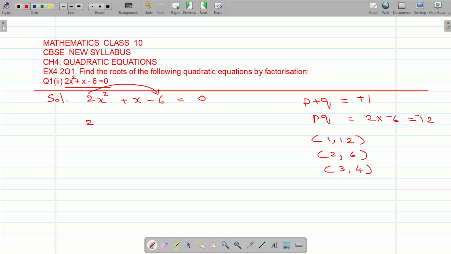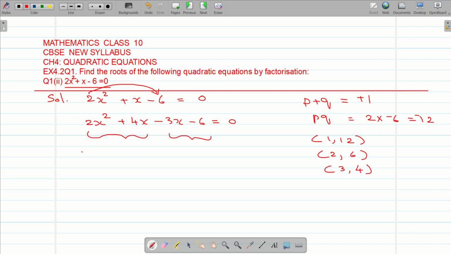So 2x squared plus 4x minus 3x minus 6 is equal to 0. From the first two and from the last two we can take common factors.